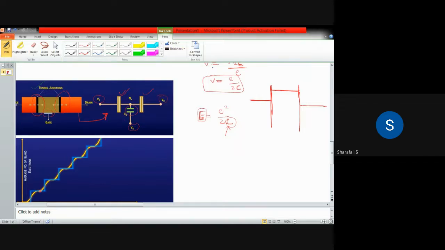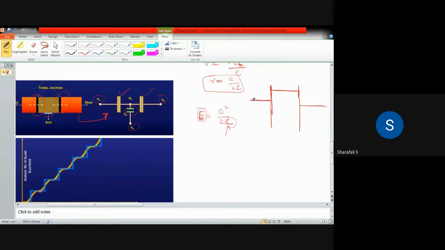In the source we have a lot of electrons, but those electrons cannot move to the drain. This is your source and this is your drain. The source electrons cannot move to the drain because we do not have any energy state at that level. We have different energy states here, but they are occupied.